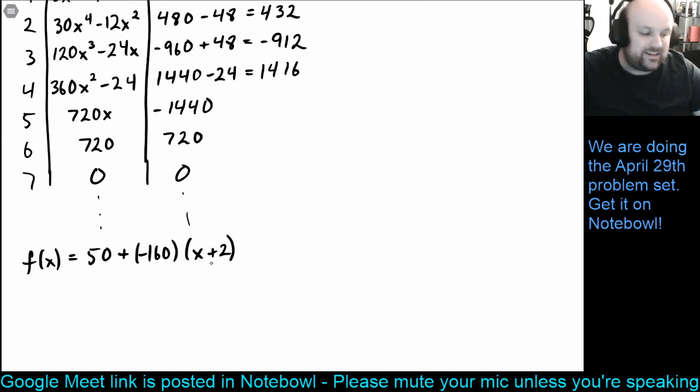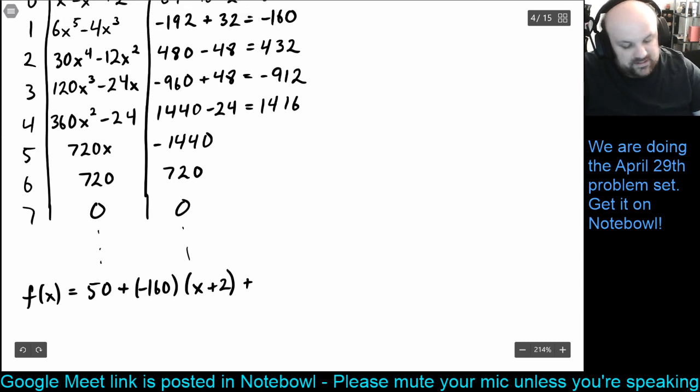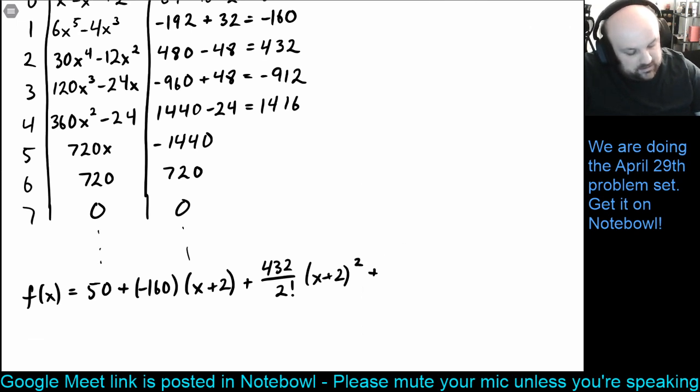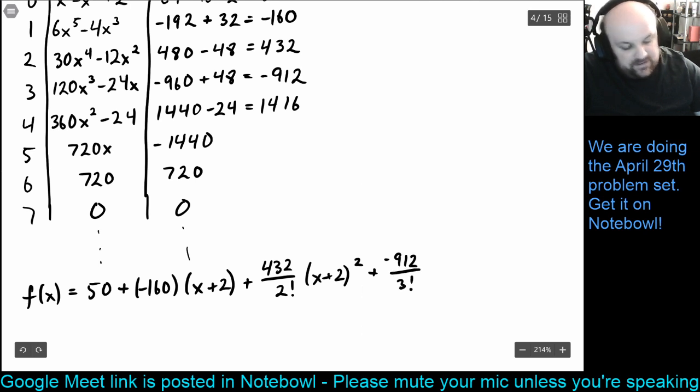Because we're sort of recentering this polynomial. Then for the second one, we're going to get 432 over 2 factorial, times x plus 2 squared, plus negative 912 over 3 factorial, x plus 2 cubed.